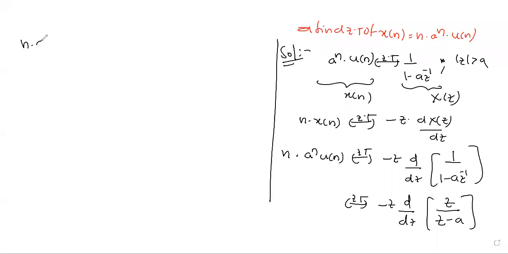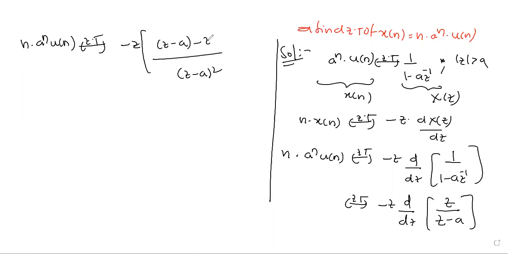So let us continue this. N into a power n u of n. The z transform, if you apply the u by v rule, is minus z into denominator squared, (z minus a), minus z into the differentiation of that term, which is 1. Okay.